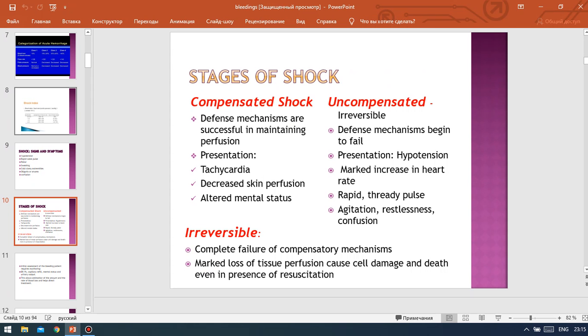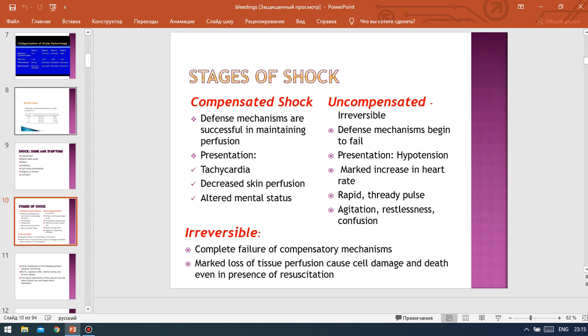The first presentation is tachycardia, decreased skin perfusion, and altered mental status. Uncompensated shock: the defense mechanisms begin to fail, with hypotension, a marked decrease in heart rate, rapid pulse, agitation, restlessness, and confusion.